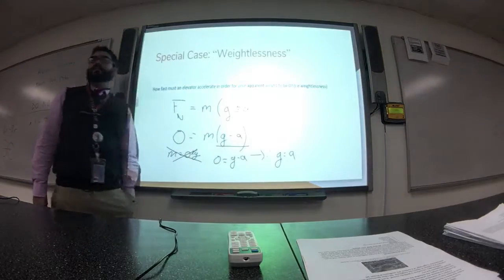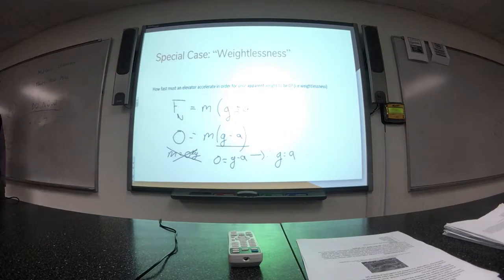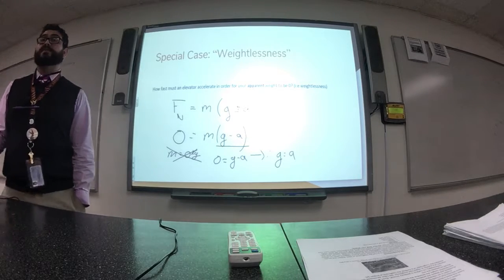So when you accelerate downwards with a magnitude of g, you feel weightless. And that's how the Vomit Comet works. There is a plane called the Vomit Comet that NASA uses to train astronauts.